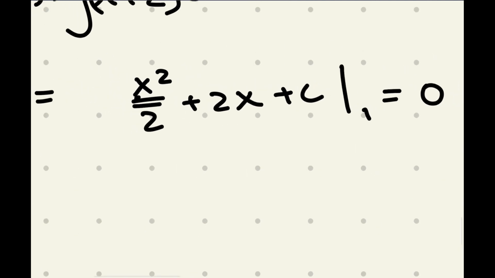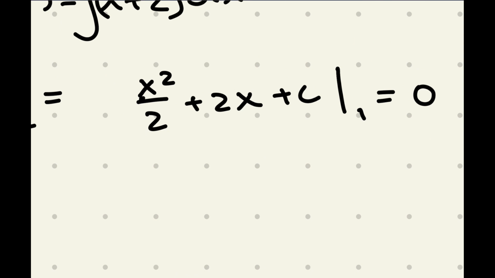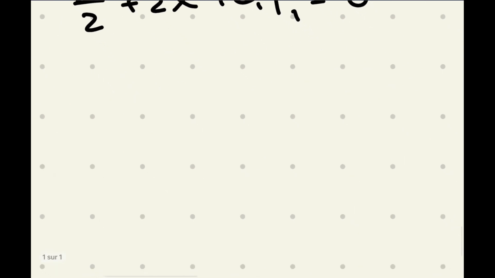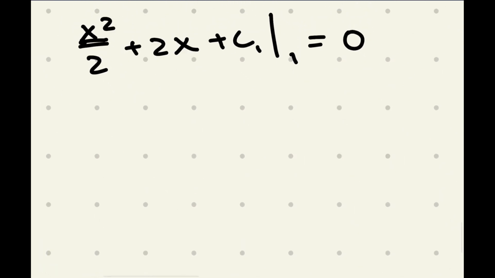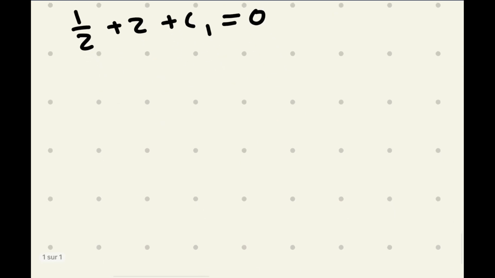So what we call this c? C1. Now for every x we see on this equation, we will plug in a 1. So 1 over 2 plus 2 plus c1 equals 0. If we simplify this down, we find that c1 is equal to negative 5 over 2.